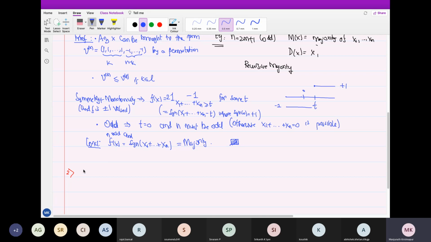So apparently another desirable property of f is to have as many happy voters as possible.